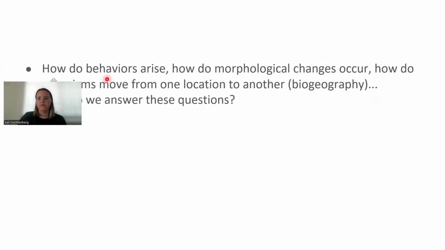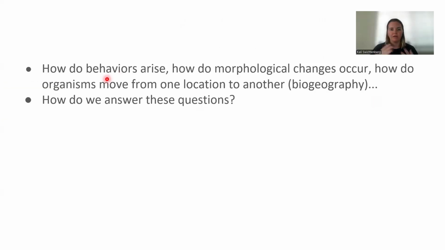We can use tree thinking and everything else that we've discussed to answer different questions. Things like how do different behaviors arise? How do morphological changes occur? How do organisms occur in different areas of the world or in the same area of the world, which is biogeography?